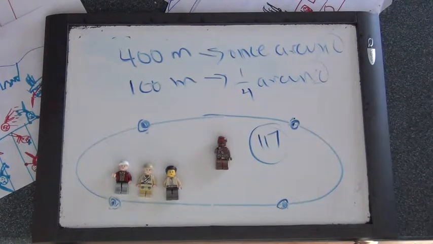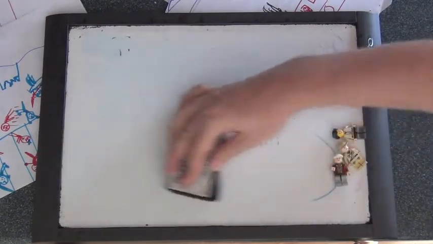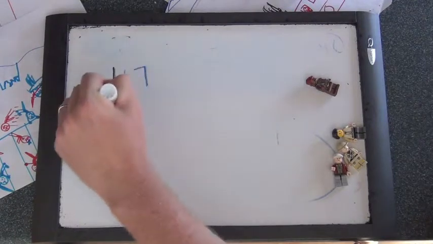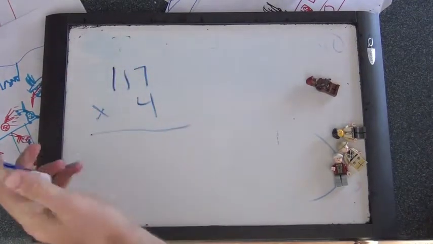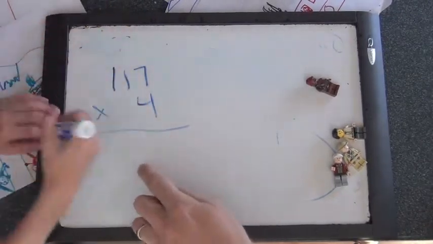Well, 100 times 2 is 200. Hold on a second. So we're going to do 117 times 4. Okay, however you want to do that, go ahead.